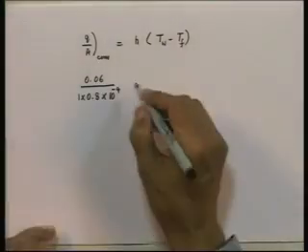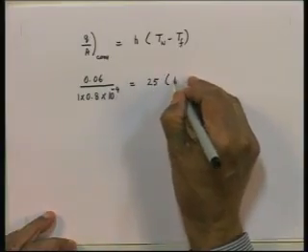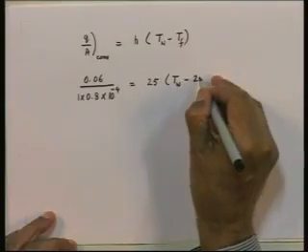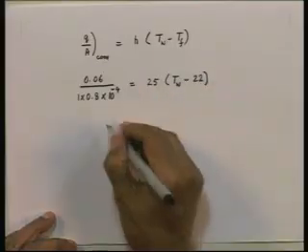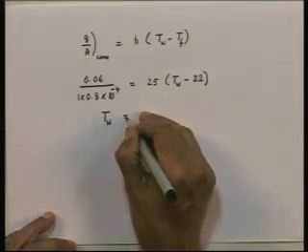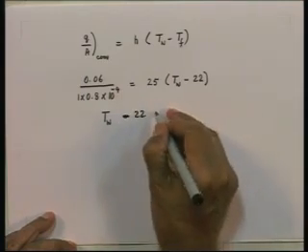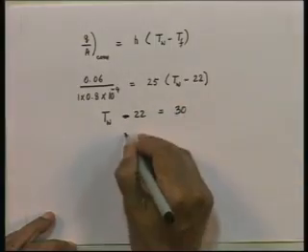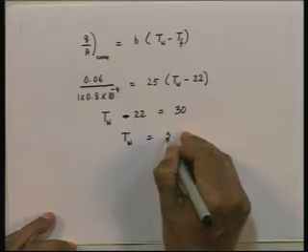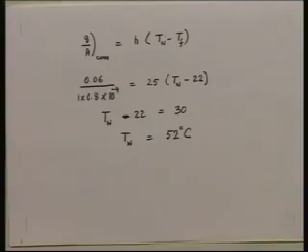So, I get watts per square meter equal to the value of h, 25, into (T_w minus 22). Since I am putting in degrees centigrade, T_w minus 22 will come out to be 30, and T_w would be 52 degrees centigrade.